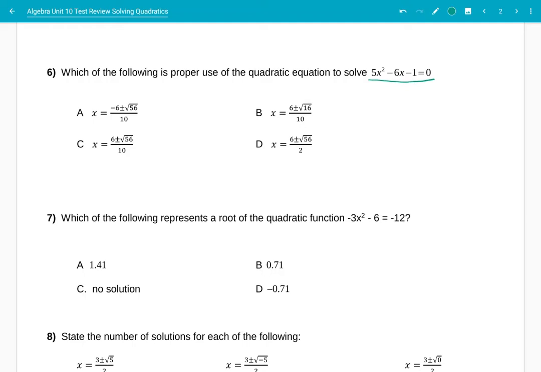Okay, so the quadratic equation. Well, we're just going to plug it in, aren't we? It's going to be x equals minus b plus or minus the square root of minus b.